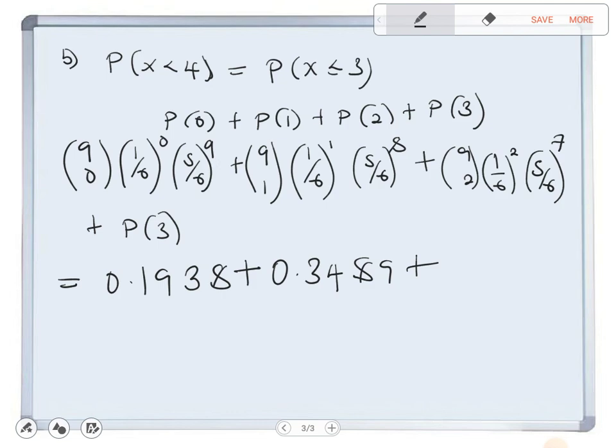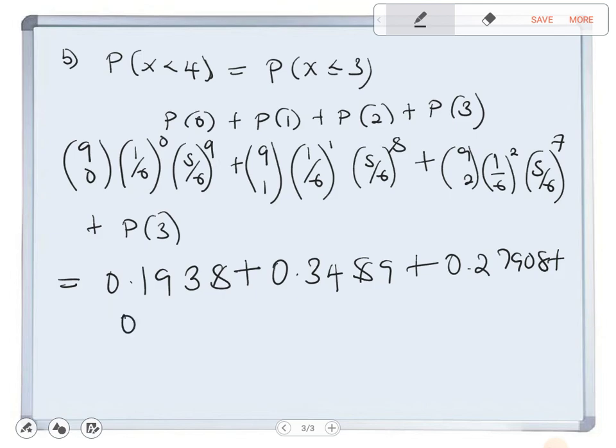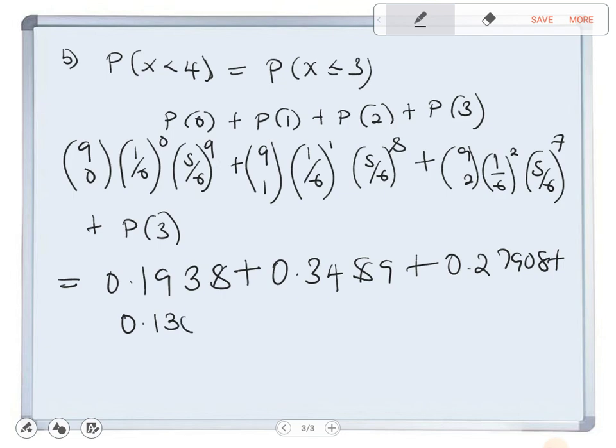Then we're also multiplying by 9 choose 2, which is giving me 0.27908. Plus this one we found here, 0.1302. Then we add this. That will be our final answer. Something closer to that, but that's the procedure.